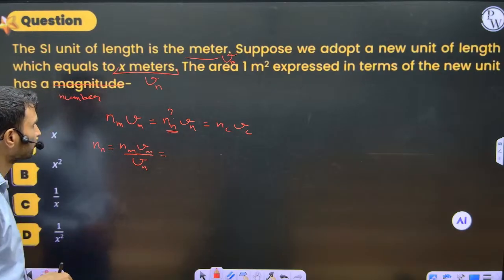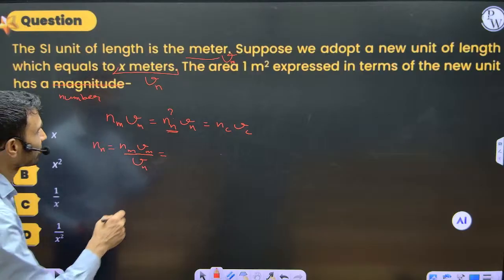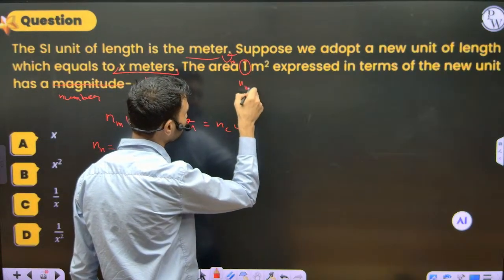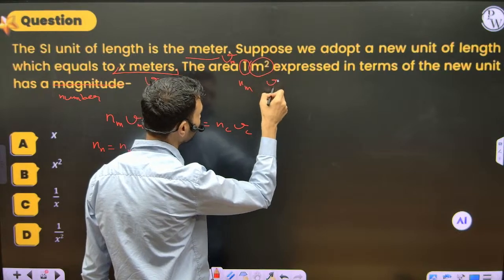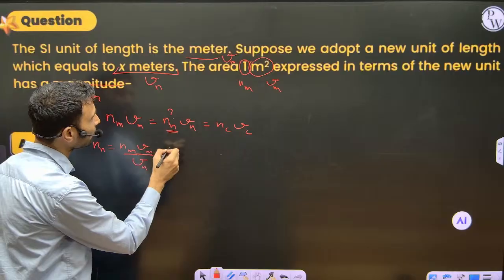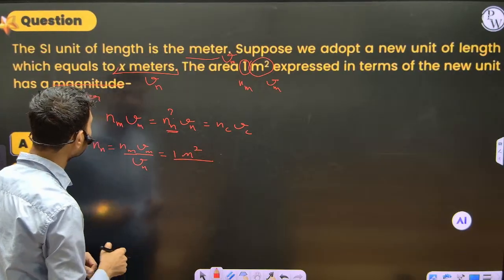NM. What is the number written in the MK system? So see guys, area is this. This will be the number written in the MK system, and this of course is the unit written in the MK system. So you get NM UM is 1 meter square, divided by UN.